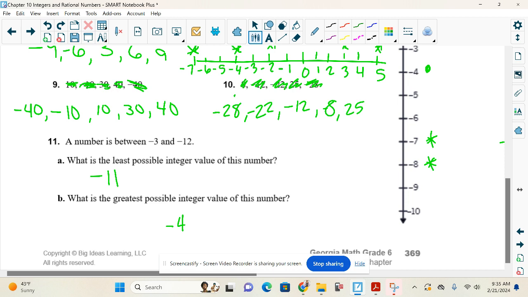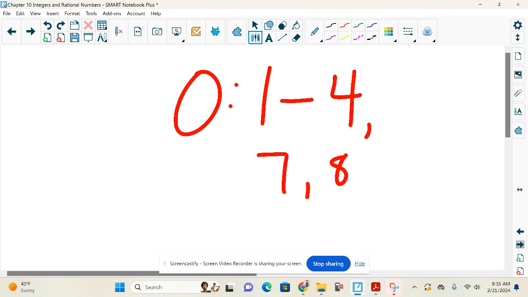I'm not going to have us do the back of the extra practice just yet. We might do that later, but not right now. This is what you're responsible for today. Yesterday, you should have gotten pretty much done with 1 through 4 for the most part. I've added 7 and 8, which those were pretty easy.